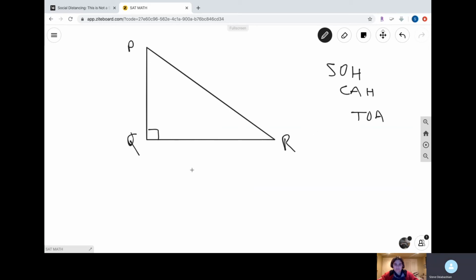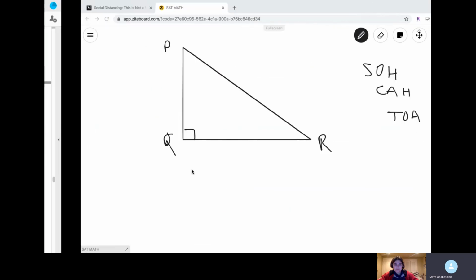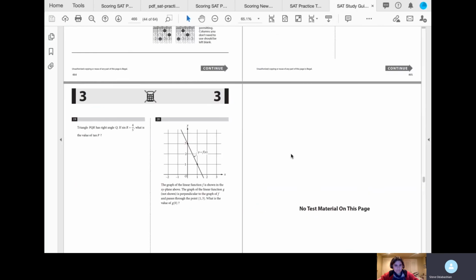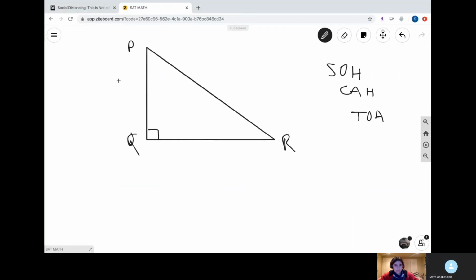The angle they were telling me about was R, so that's the angle down here. So 4/5, and they said sine. This would be my opposite, because I'm looking at this part of the word, and this would be my hypotenuse.